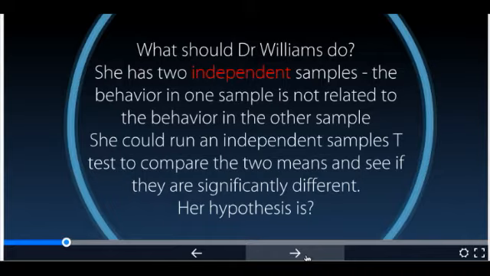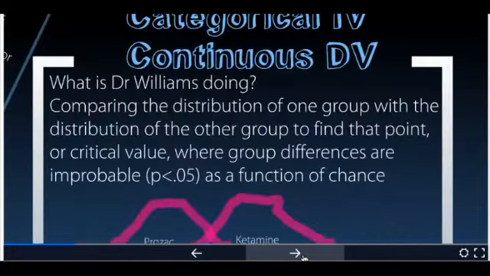There could be a null hypothesis, which would mean there's no difference between the groups, and the alternative or research hypothesis would be that there is a significant difference. What she's actually doing with her categorical IV and her continuous DV is comparing the distribution of one group with the distribution of the other group.